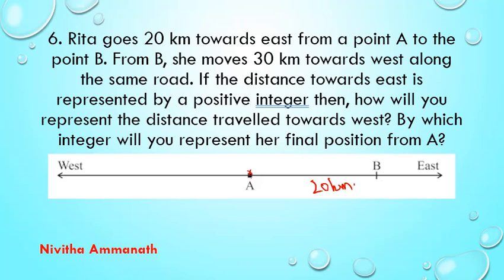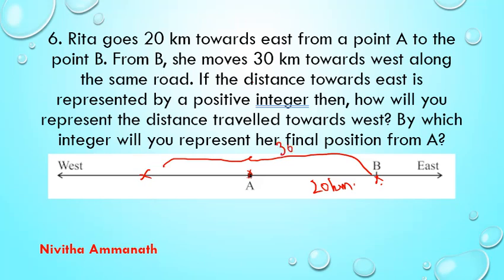From point B, she moves 30 kilometers towards west. West is this side. So from here to here, 30 kilometers. So 20 means here and 10 more. So here it is 30. So this is 30 kilometers.